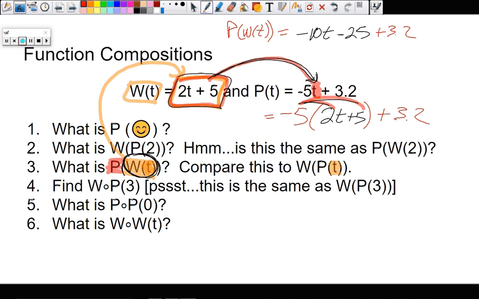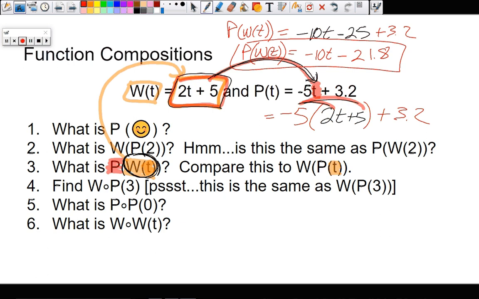So when you finish the equation and you're writing the answer, would you do P of W of T equals the answer, or would you do P of the answer? You do P of W of T equals the answer. So let's simplify this. Negative 25 plus 3.2 is about what? Negative 21.8. Okay, so just like Emily said, we're going to write it like this and be done with it.